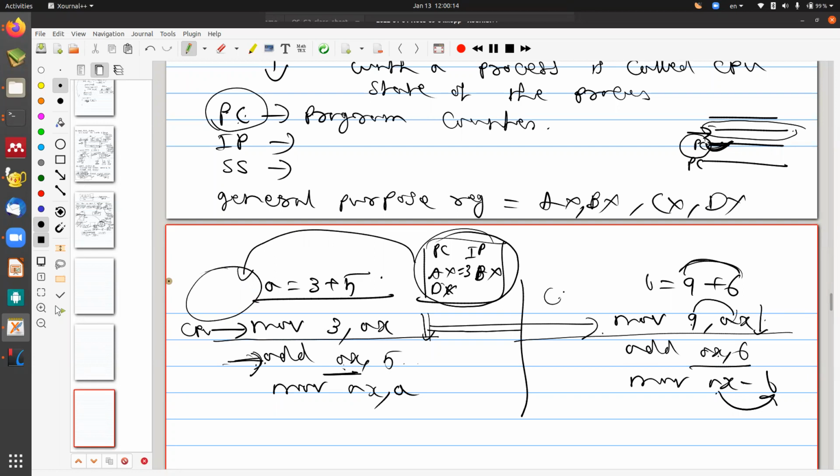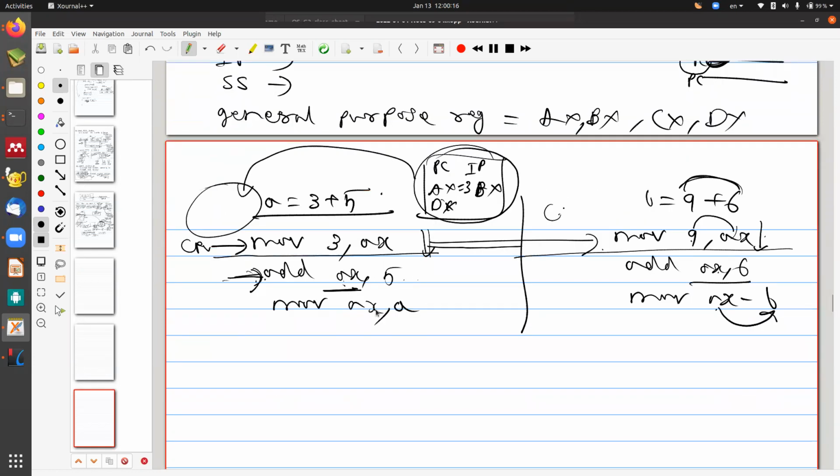Accepted or not? Like last class, I think I told somebody, suppose I have a bucket. This is my CPU. This is my register, like a geyser, where you are putting water and some hot water is being made. Suppose this P1 program is putting the water and taking the hot water, and the P2 program is also putting water and taking hot water.